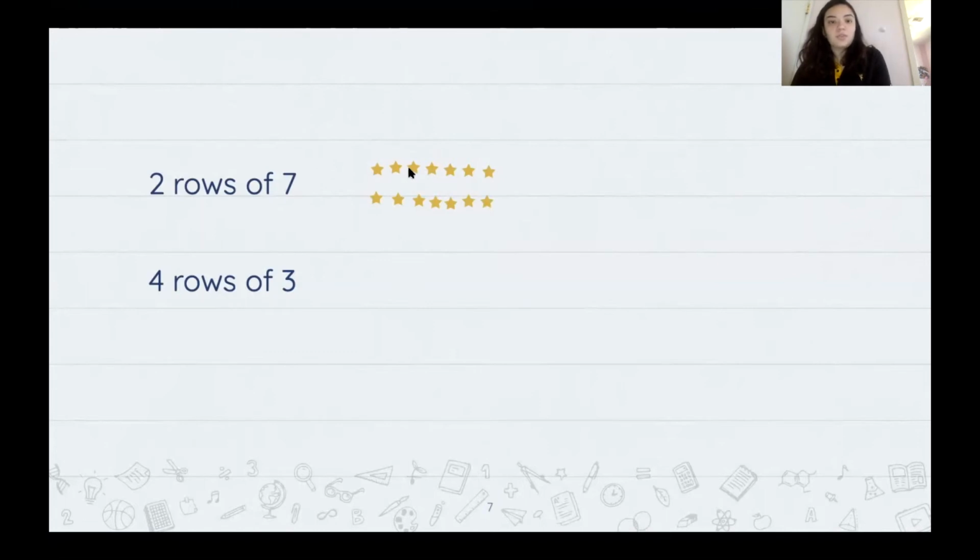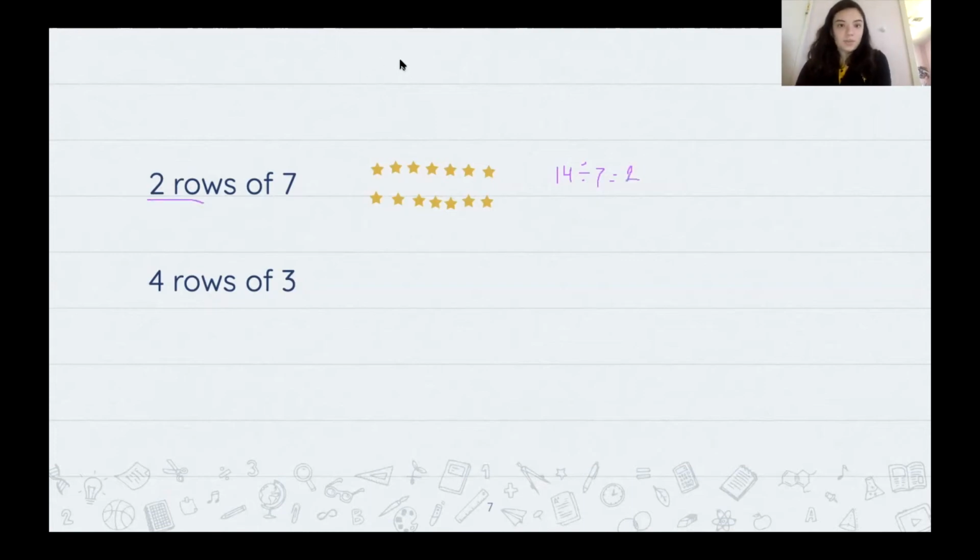So I have 14 stars total. So 14 divided by the number of stars in each row. I have 7 stars in each row equals, how many rows do I have? Well, we already know I have 2 rows. So 14 divided by 7 equals 2.